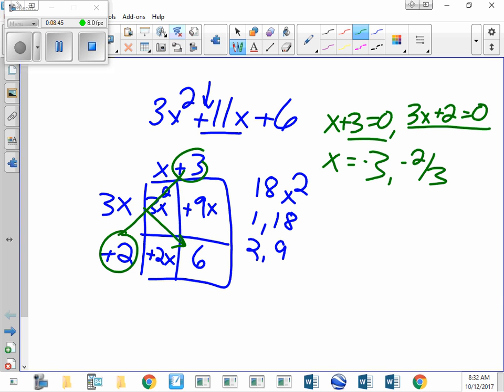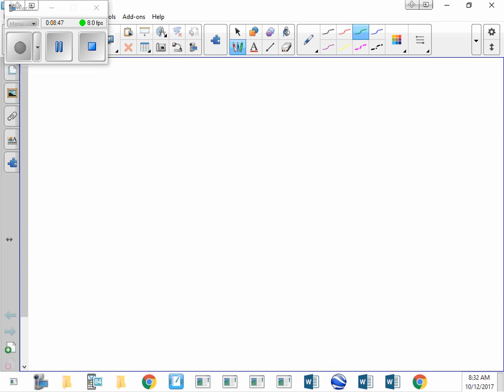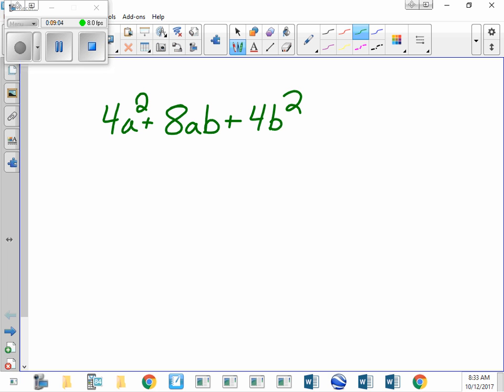Okay. There was one on your assignment from yesterday that I want to do, that one that you asked about. What is it? 4a squared plus 8ab plus 4b squared. Okay. Can I pull anything out?